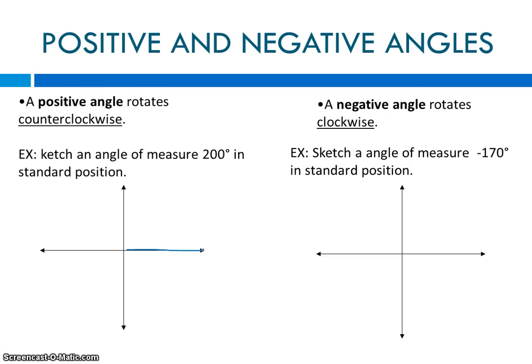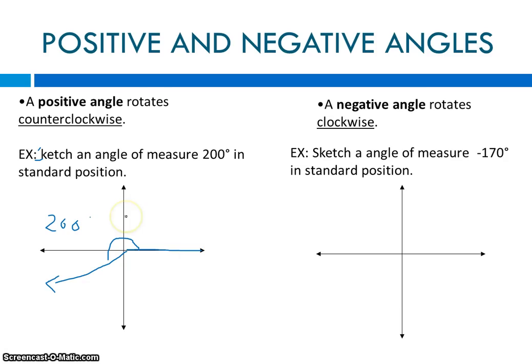Now I can't videotape this with a protractor on top, but when you're sketching your angles, you should be using your protractor for accuracy. So I'm going to go 180 degrees plus 20 more, and that is going to be where my terminal side is, and I'm going to label it as 200 degrees. It is a positive measure. I went counterclockwise. We're always going to start with the positive x-axis and go counterclockwise 200 degrees.